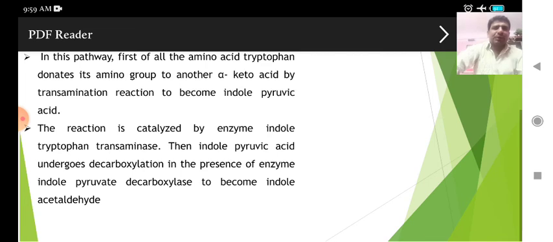Means that indole pyruvic acid, firstly transamination, then second is the decarboxylation. In the decarboxylation, the enzyme indole pyruvate decarboxylase catalyzes the reaction to become indole acetaldehyde. Indole pyruvic acid is converted into indole acetaldehyde.